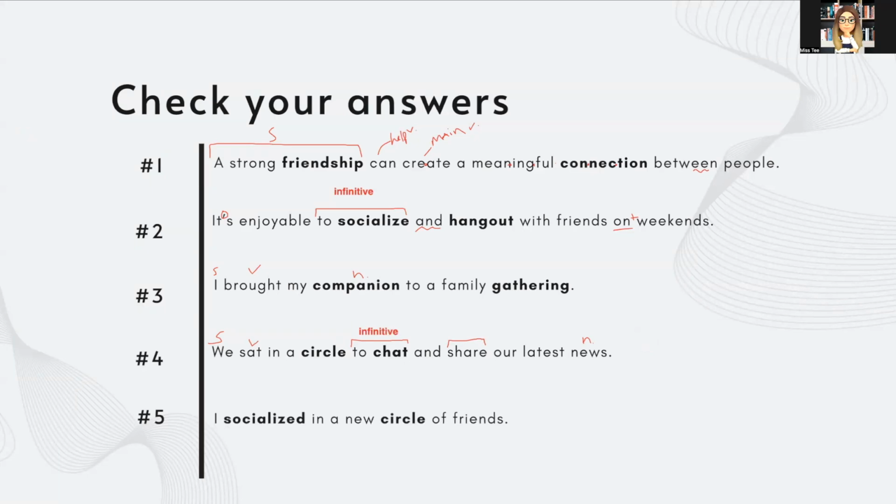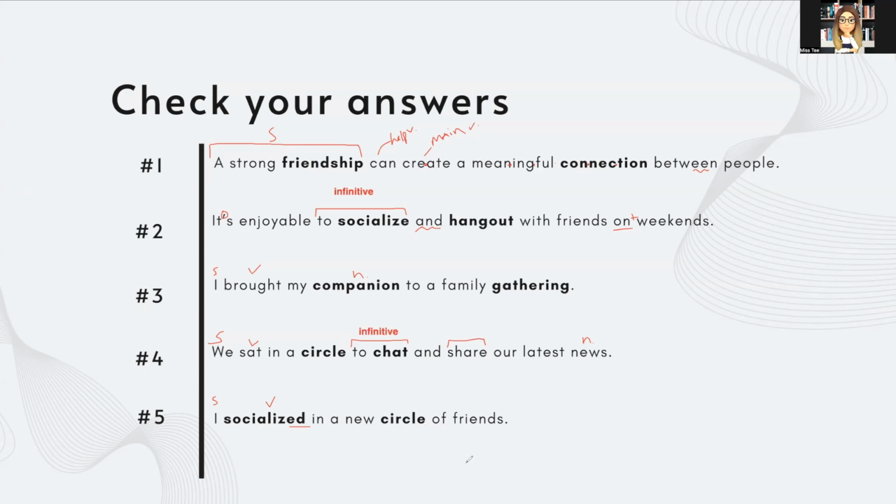Finally, 5. I socialized in a new circle of friends. So I is the subject, socialized is actually the verb here, and it's in the simple past tense. And this just tells us more information. I socialized where? In a new circle of friends. Circle is a noun here.